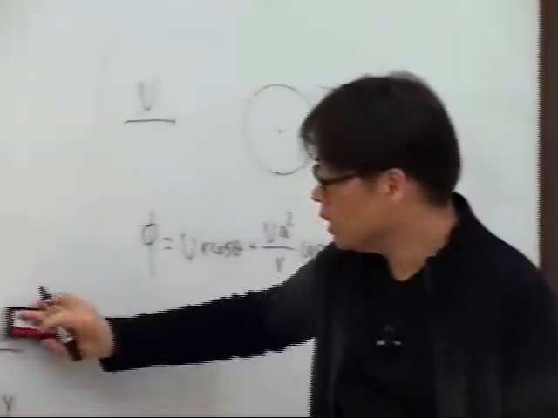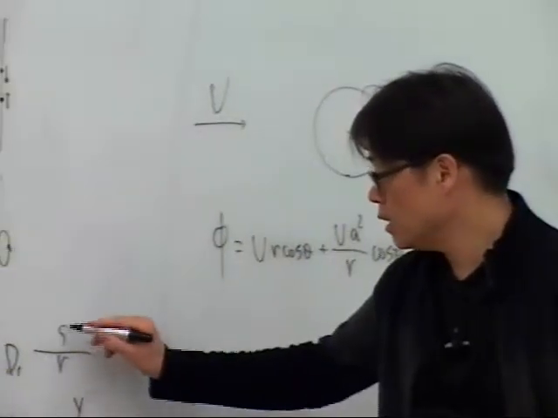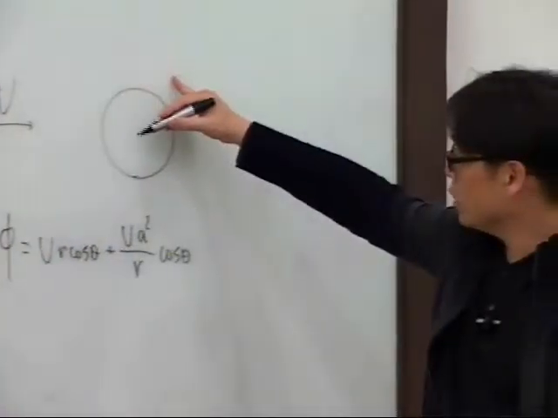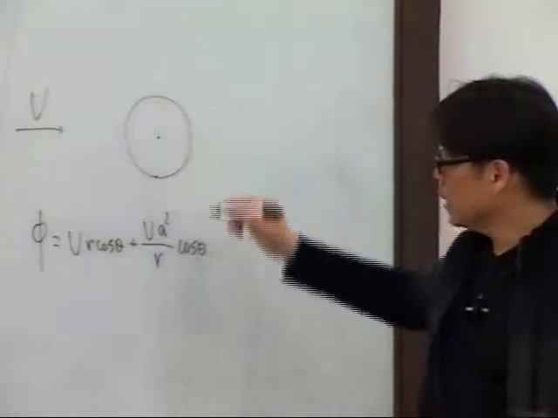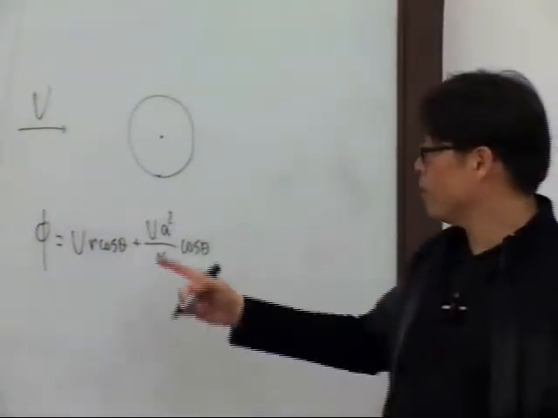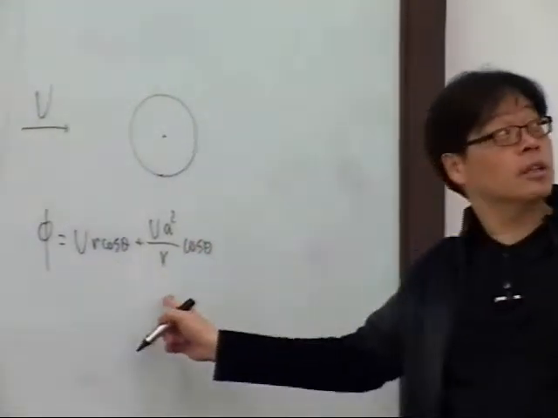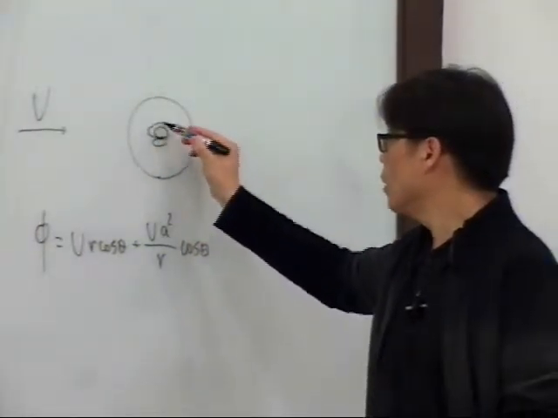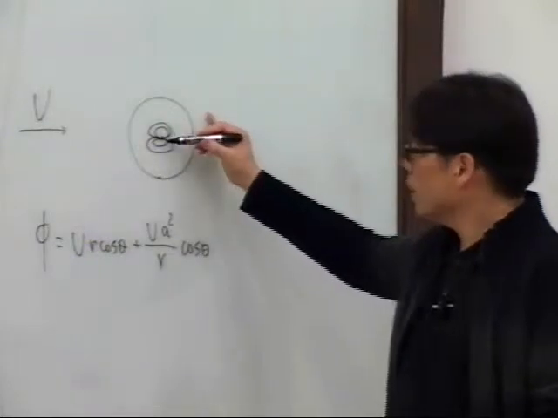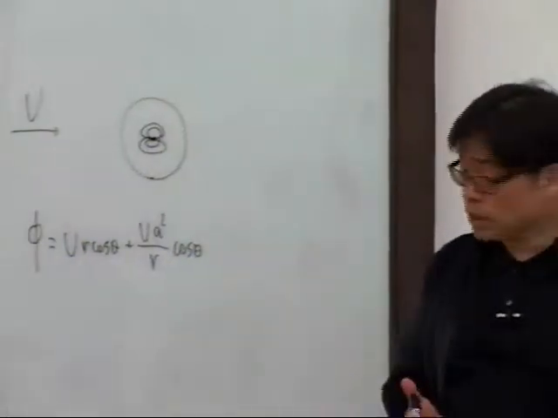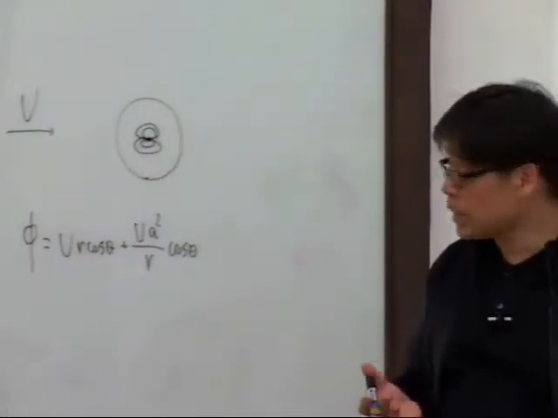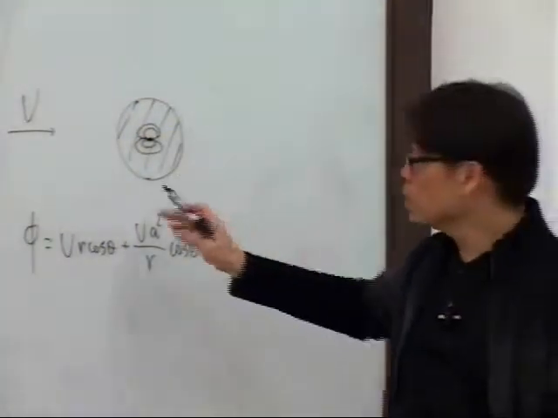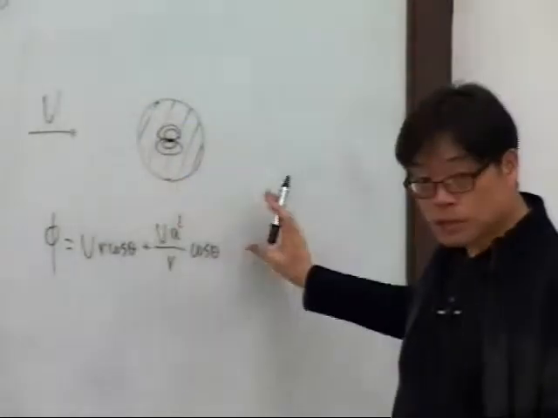This should be sine theta. So we aligned the dipole in the x direction, and then we have a uniform stream plus dipole, and therefore we have flow like this. And the velocity at x equal to 0 is infinity, but that's okay. As I said, this is the inside of a circular cylinder. So we are only interested in flow outside.